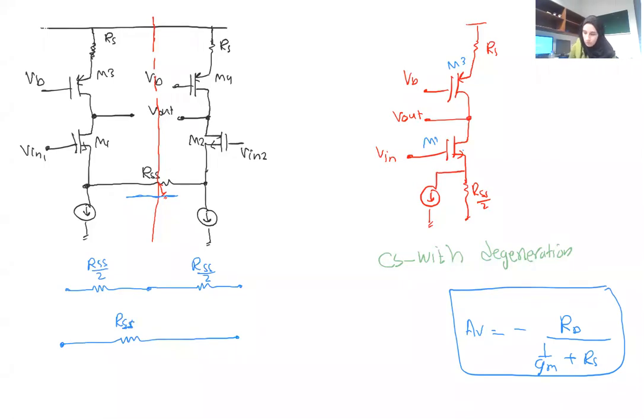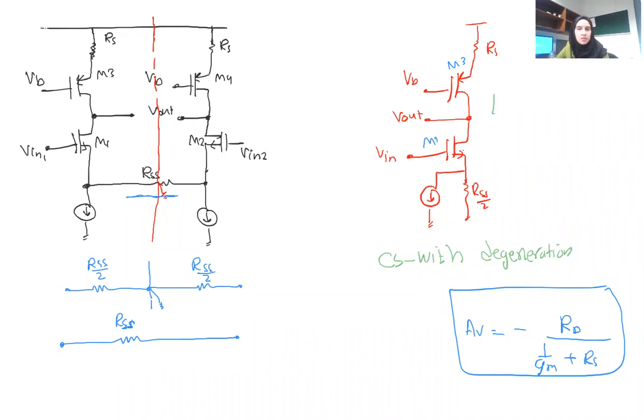It's half plus half is equal to 1. So if I cut the first line here in the middle and then replace it with the ground, okay, now I just want to know what is my RD here.